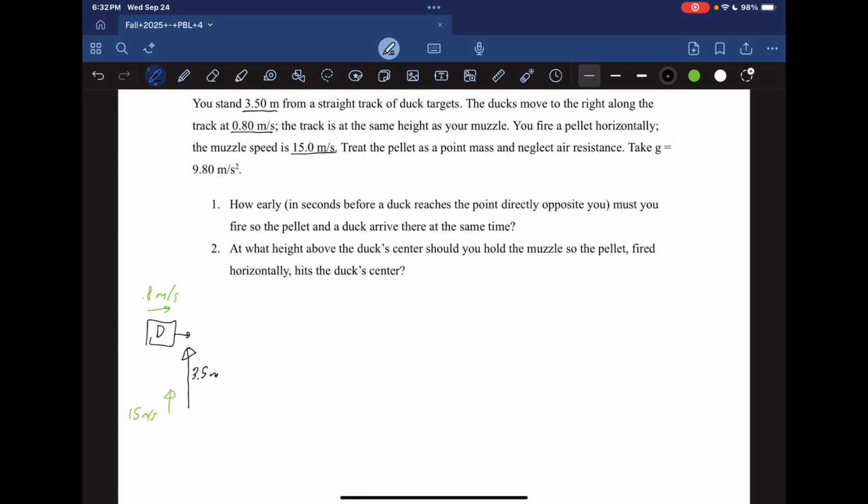So we know that it's going to travel 3.5 meters. We know the initial speed, and we know that in the x direction at least, it's not going to have any acceleration. So we can solve x of t. We'll set here as 0, 0. So that's our x naught plus v naught x, which is our 15 meters per second times time, plus 1/2 times 0 times t squared.